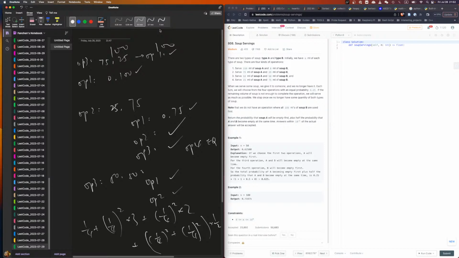But how do we calculate this thing? Man, I have no idea. It could be too many possibilities. We can say the state, right? This is like the state. But they have so many different states. It can go to 10 to the 9th. How many different states will there be?